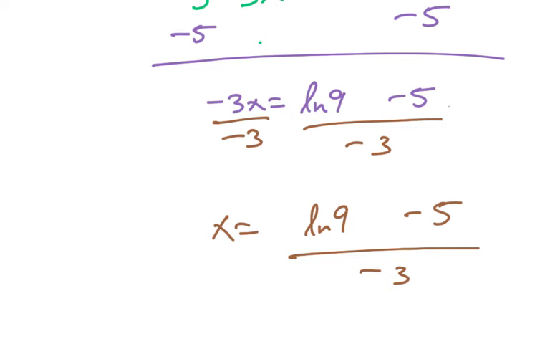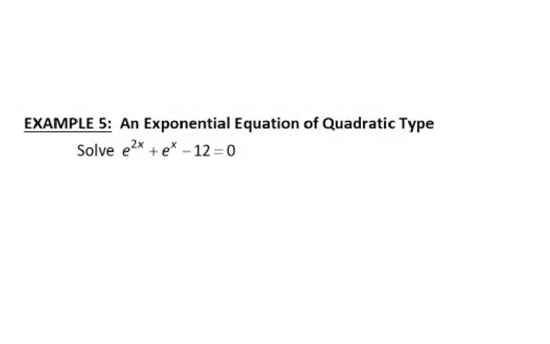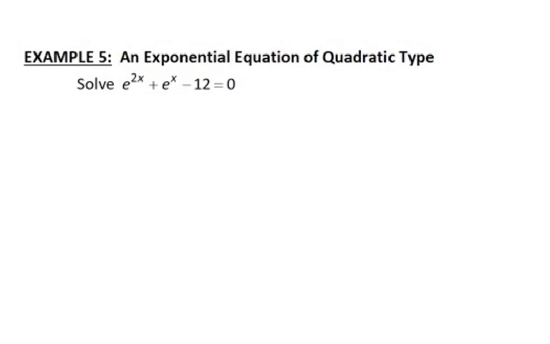Okay? So the big deal here is that when you have a base e, you can just do the natural log of both sides, and that will eliminate it. All right, next one. So there's a quadratic here, but what I really want you to realize is that we can rewrite e to the x as such.